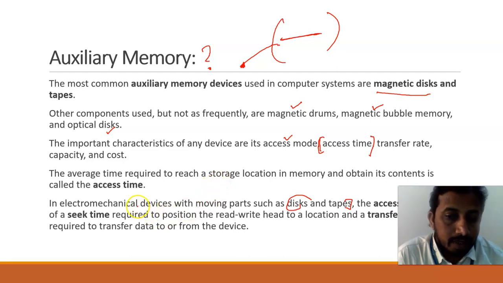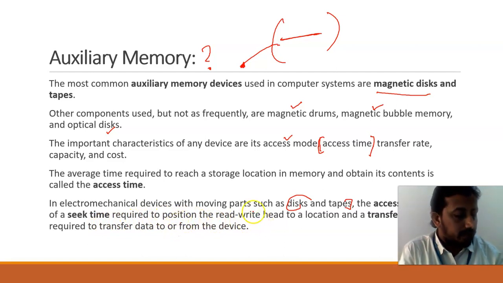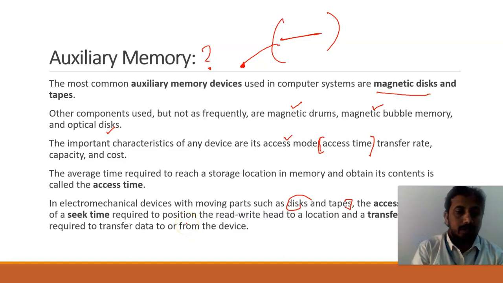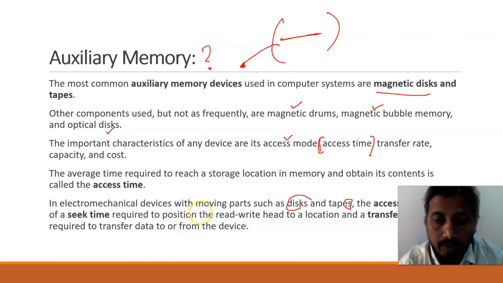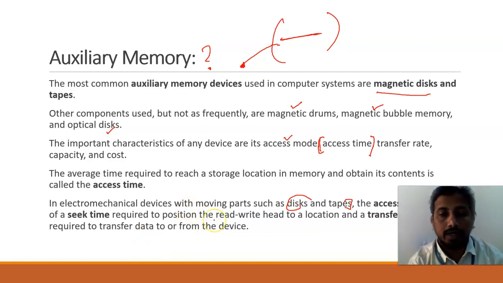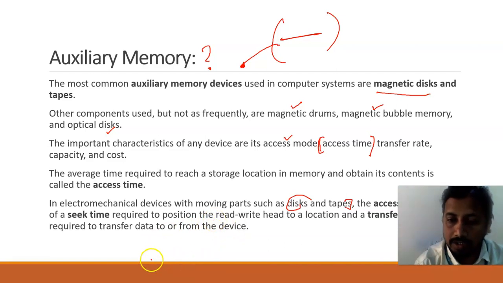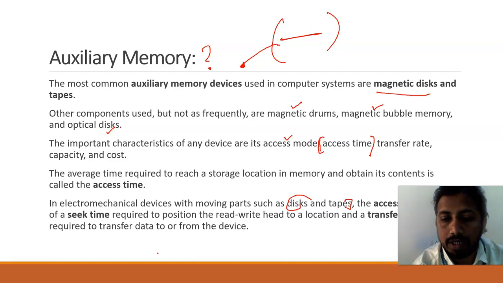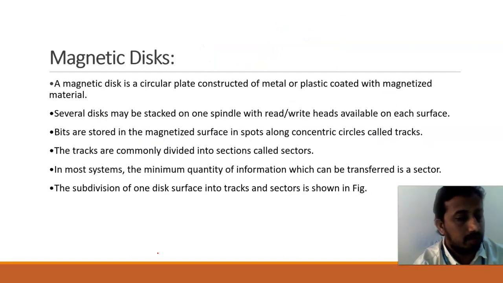But when you go for electromechanical devices, the access time consists of seek time, which is the time required to position the read write head. There would be one head over there. And transfer time is the time required to transfer data to or from the device. These are the two parameters. Access time will consist of seek time, which is used to position the read and write head, and next, transfer time, transferring data to or from the device.